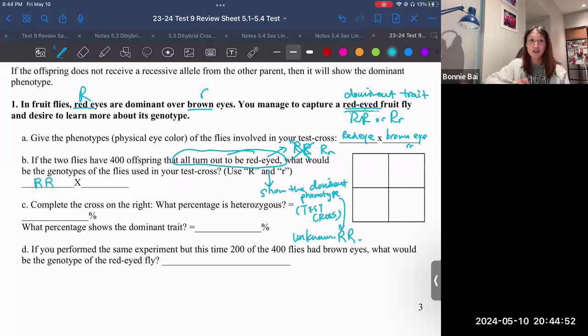Because if you want all of the offspring, okay, let's take a look. So this has to be the way, right? We use big R, big R, cross it with a little r, little r, because it's a test cross. This is the test cross part that we pair up on purpose. This is the one that's unknown that we figure out later. Well, how does that work?